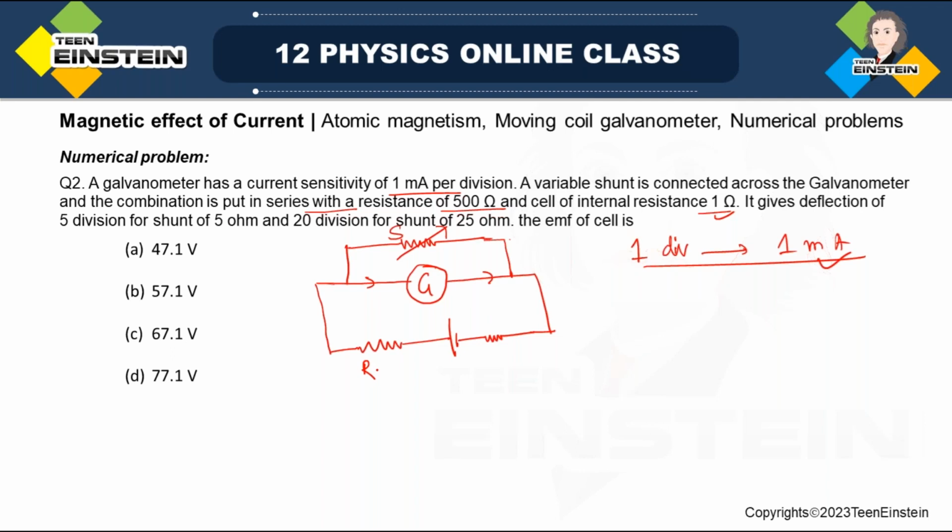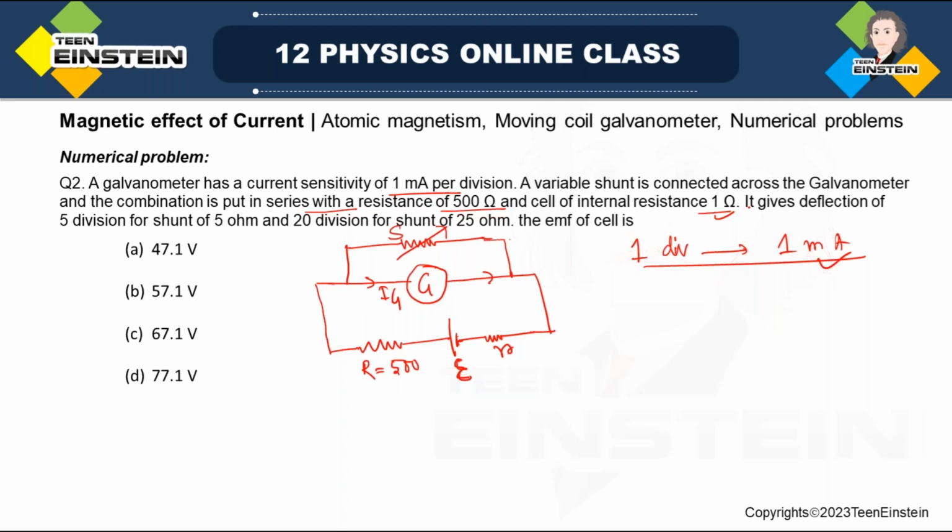So this is R, let us say this is 500 ohm. This is the cell which has EMF E, say, and this is the internal resistance small r. Current which is passing through the galvanometer is Ig. Okay, so this much is okay.